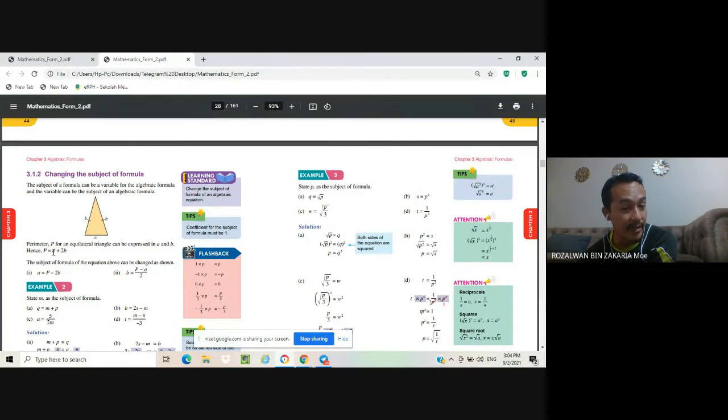If you want to make A the subject, this is your left side, this is your right side. You must make sure your right side has A only. We don't want this positive 2B. So what happened to this positive 2B? We need to cancel it. How to cancel it?